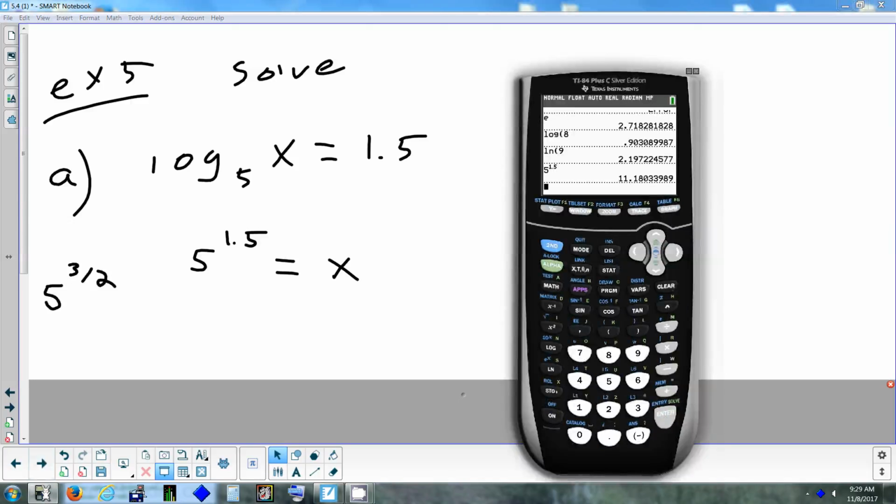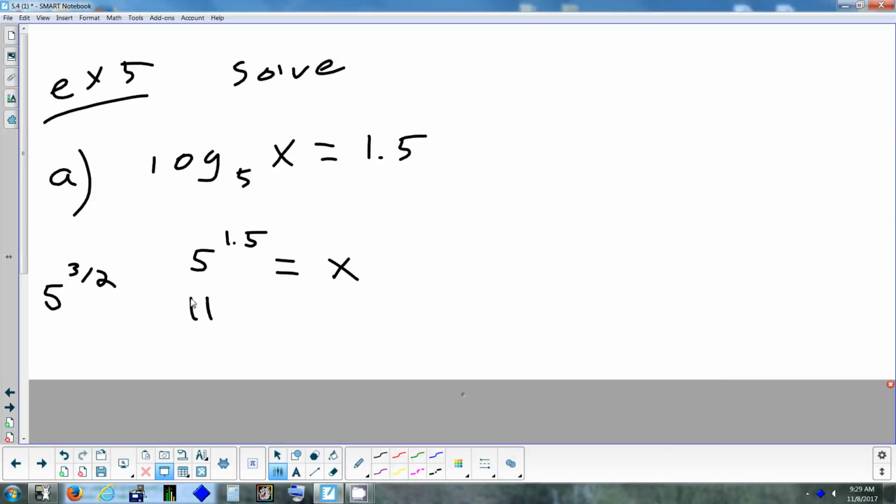And you get that. Just to show you that the other way would have worked, cube 5 and then take the square root of 125. 11.18. Any questions on that one?